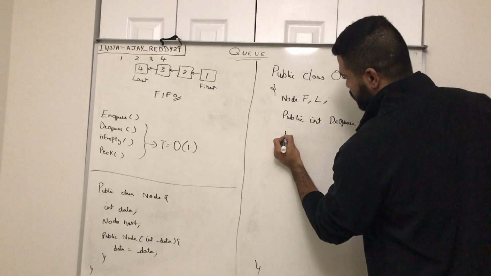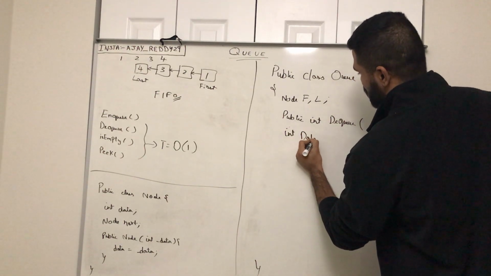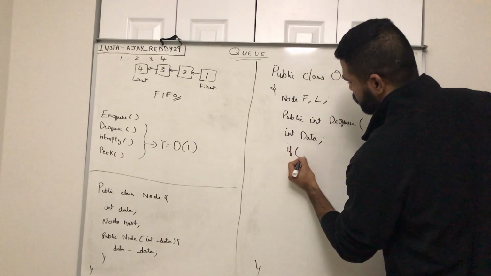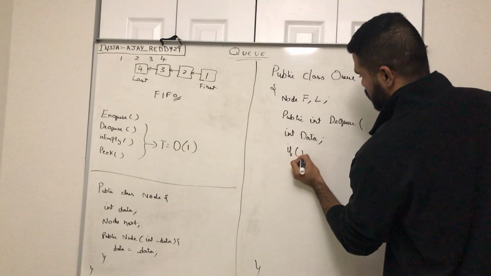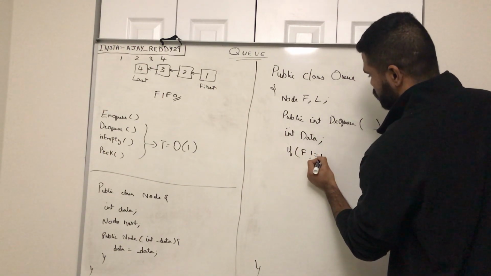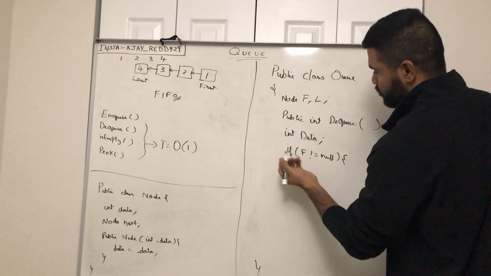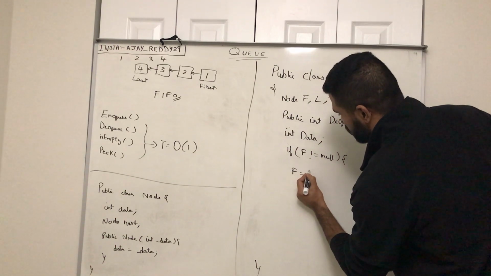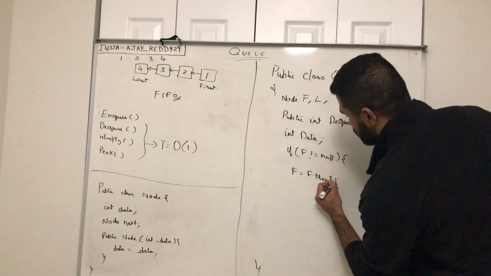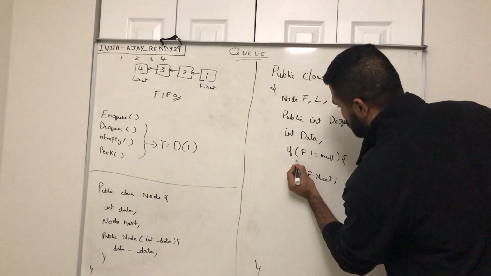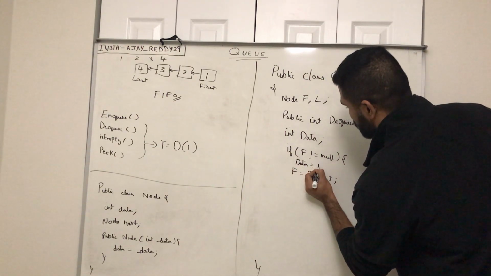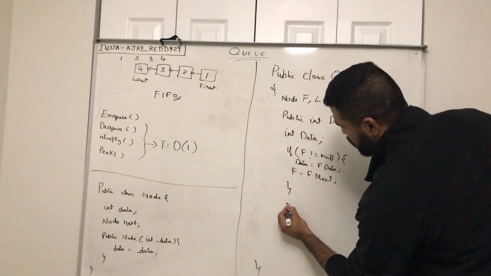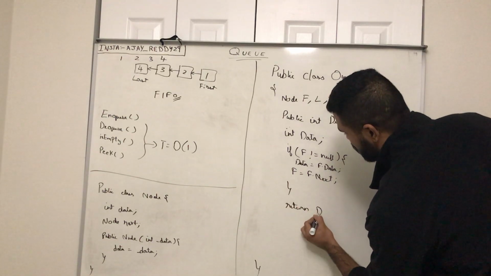So I will declare a variable called int data, and I'm checking if f is not equal to null. That means if the queue is not empty, then I'm making f equal to f dot next, and assigning data is equal to f dot data. Okay, and finally returning the data.